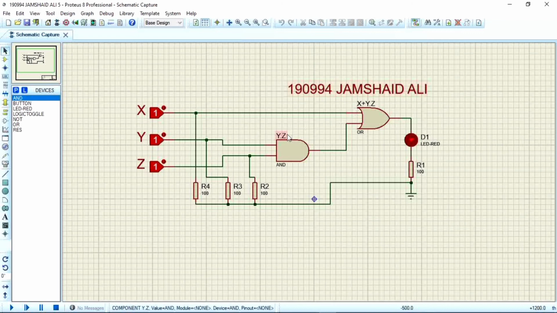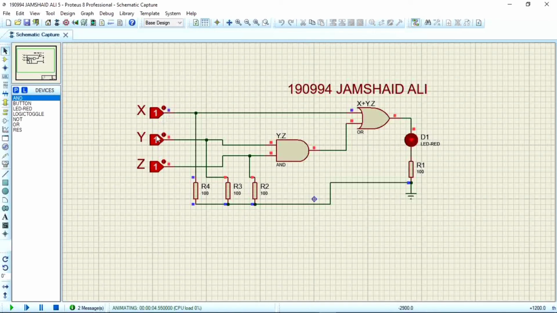Here we use two gates, an AND gate and an OR gate. You can see the AND gate is connected to y and z, and the OR gate is connected to x, and the second input is the output of the AND gate. So we can check by running our circuit. You can see if all inputs are 1, then the output will be 1.